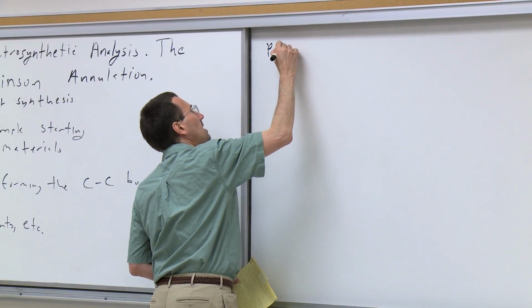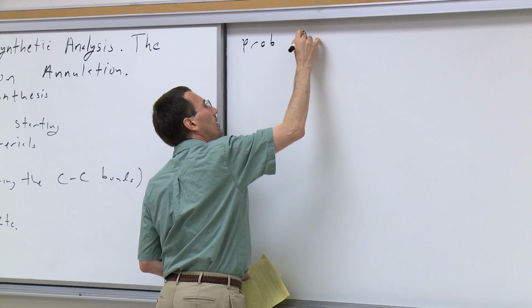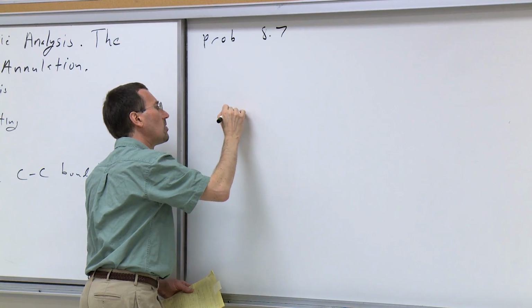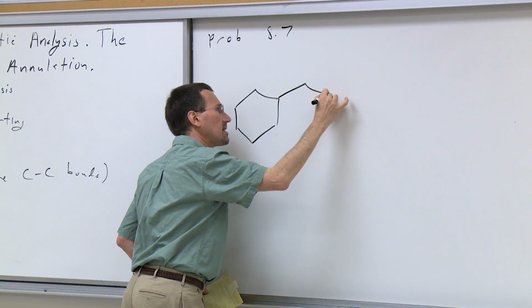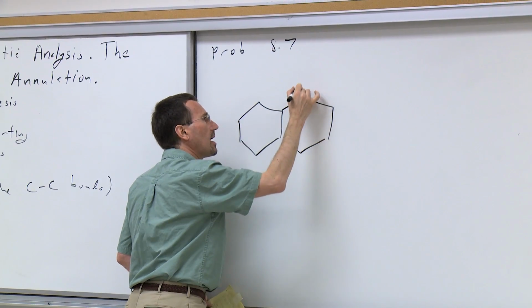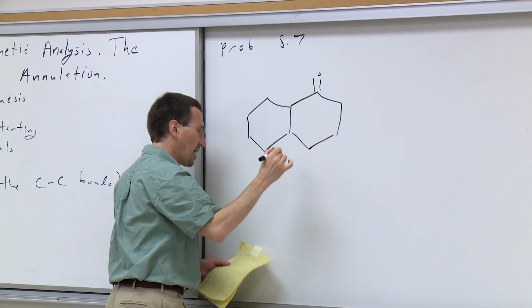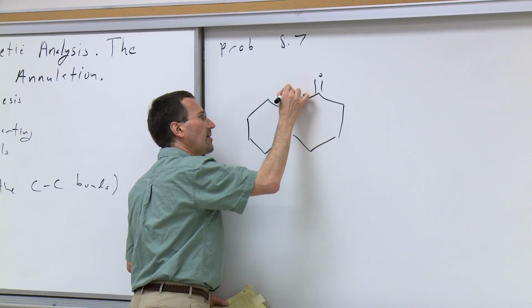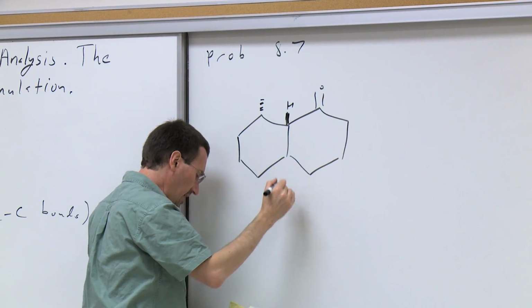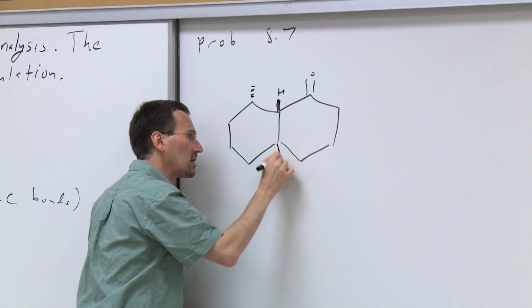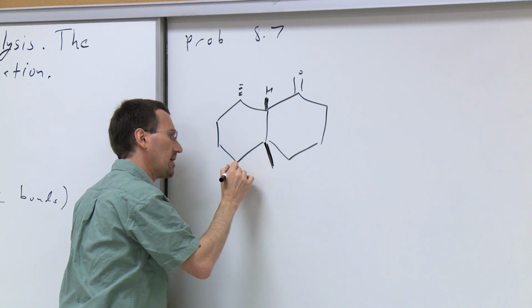The problem is 8.7. And I've written it also on the sideboard because at some point I will be erasing this blackboard, and I wanted to have it up so you could refer to it without having to flip through your notes. So 8.7 is what potentially looks like a very hairy molecule.